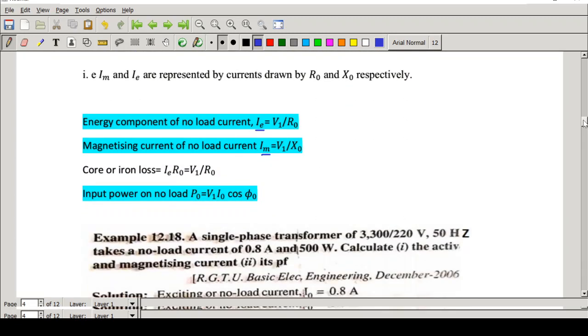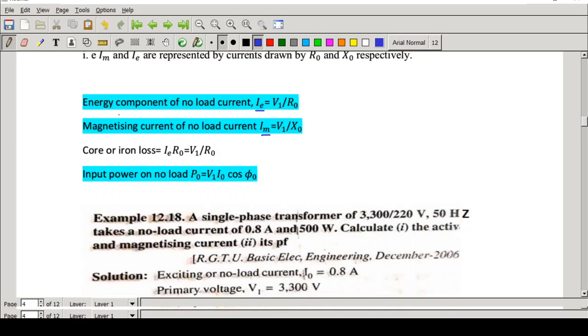Now this equation is very important. What is the expression for the power input under no load condition? The power is VI, right? But as I told in one of the previous sessions, in the case of a transformer, the equation for power under no load condition is P0 equal to the input voltage V1 into the no load current I0 into cos phi 0.